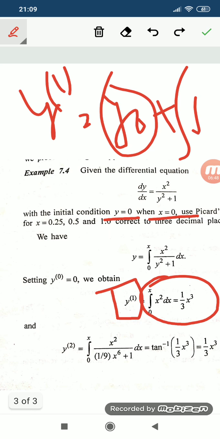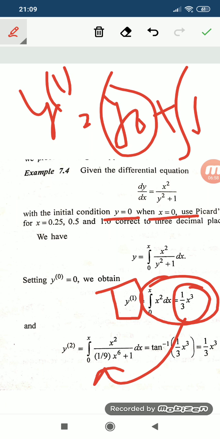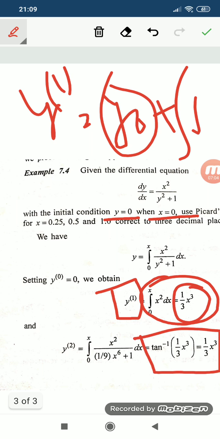Now once you get your first approximation, you use this in place of y square in x square by y square, and you get this particular term here. Once you integrate this, you get your y2, that is given by this.